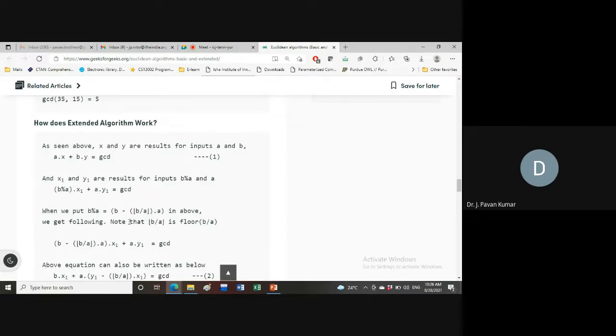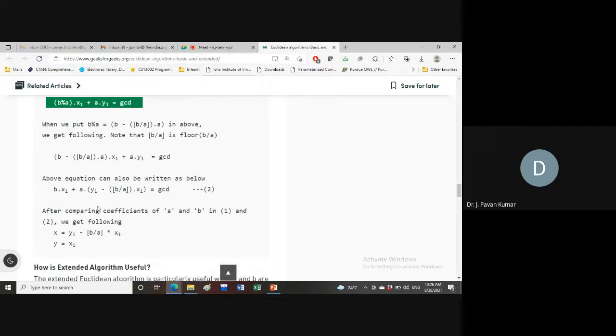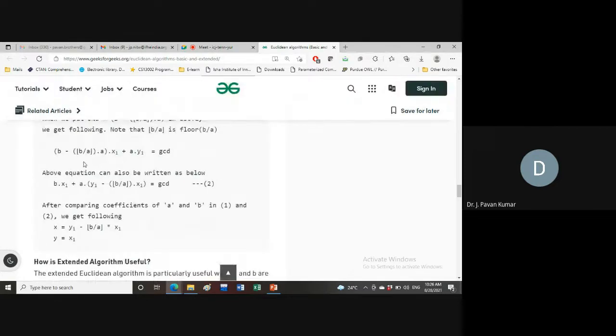Using this, let us substitute here. B mod A is nothing but B minus floor of B by A into A. Of course x1 is there, from this x into x1 plus a into a1 is equal to GCD. Next, from the above equation, this can be written as b into x1.